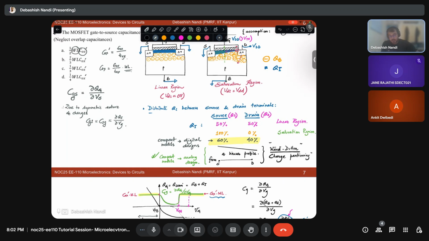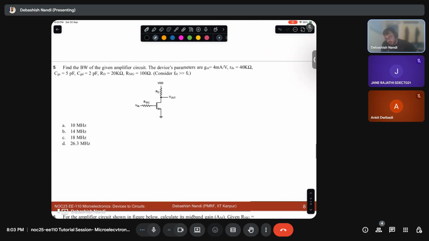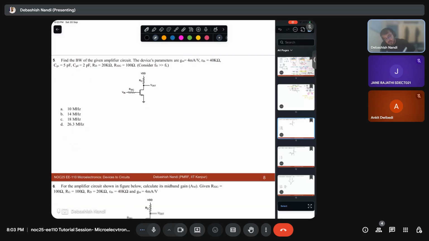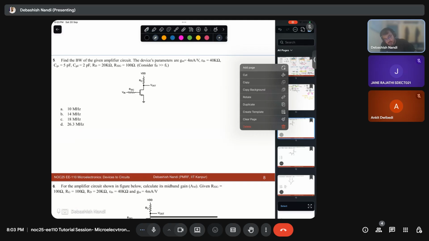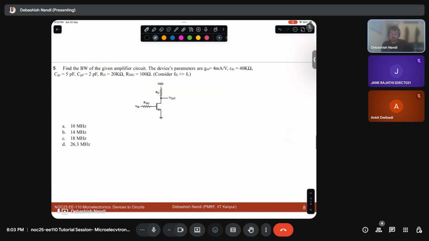Okay, sir. Okay. So let's move on. So find the bandwidth of the given amplifier in the given circuit. The device parameters are this: CGS, CGD. So they have given CGS.